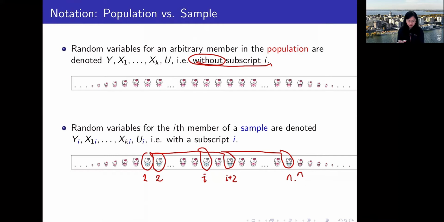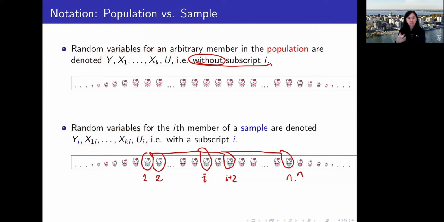So that's a notation about population random variables and sample random variables. And if the sample is a random sample, it's a randomly drawn sample from the population, then these random variables with the i subscript have the same distribution as the population random variables.